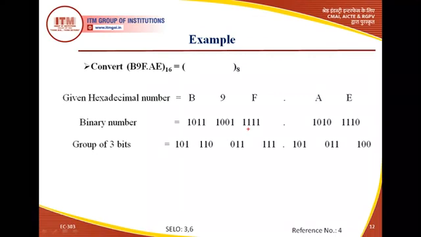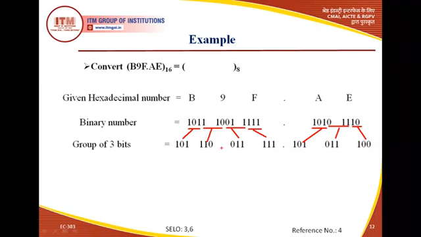Okay, so the first group is 111, second group is 011, third group is 110, fourth group is 101. That is the group of this combination, this and this. And in the fractional part, the first group is 101, then 011, then 100.